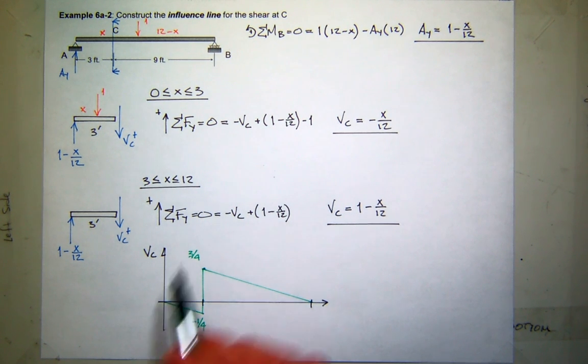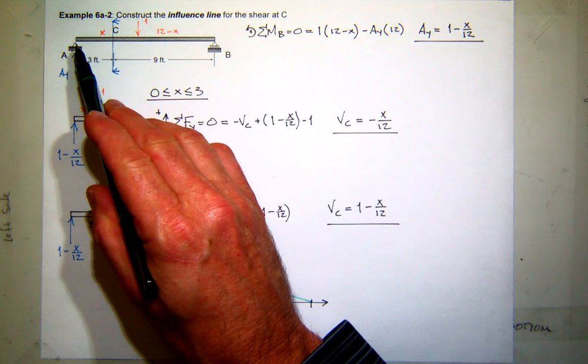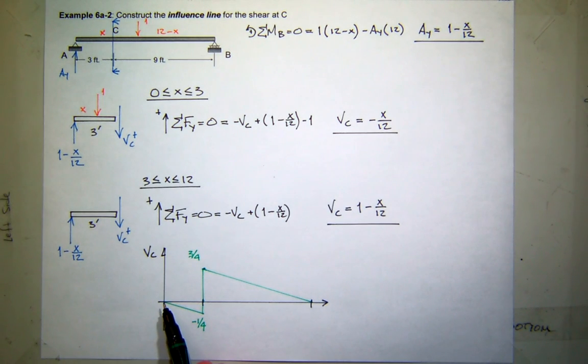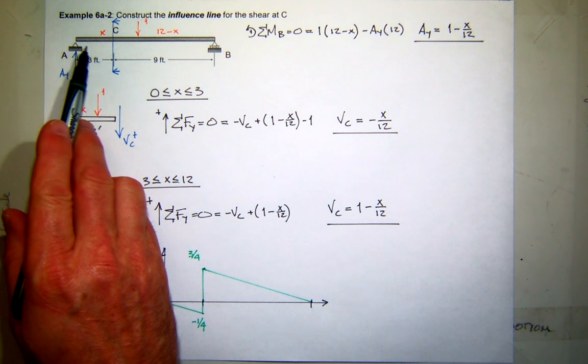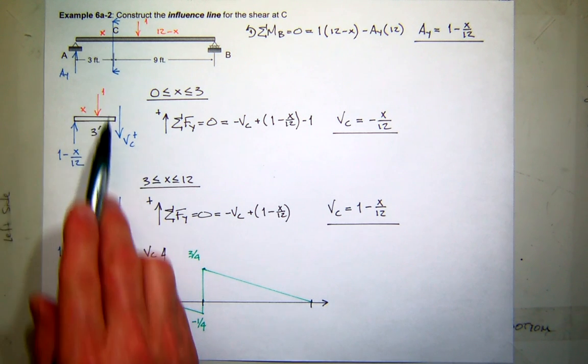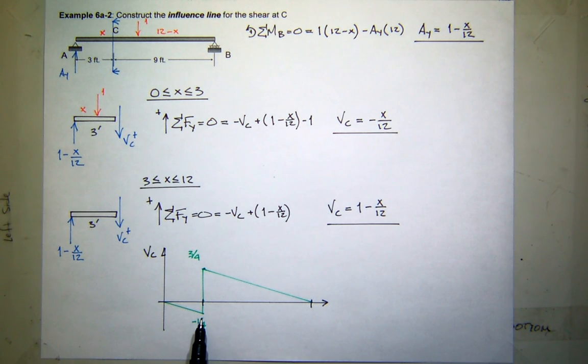So if I start off here at A, what's the shear at C? 0. As I move and come up just to the left of C, what's my shear? It's 1/4 of my weight. Let's say I'm 200 pounds. So what would the shear be? Minus 50.